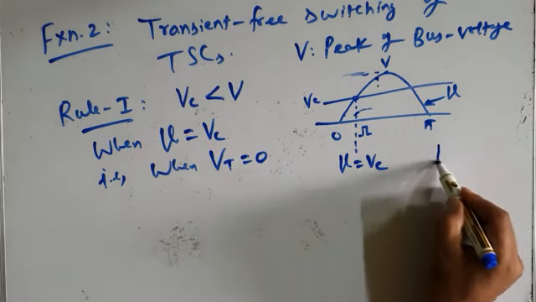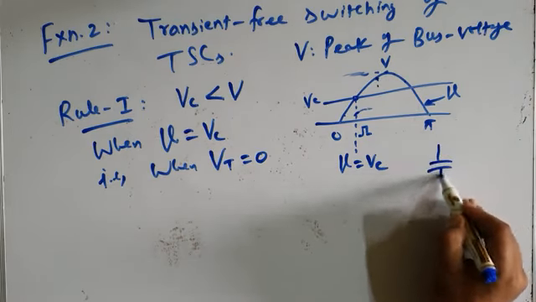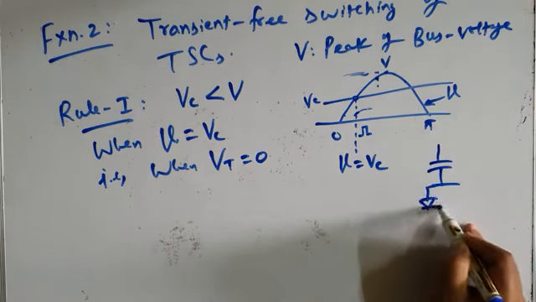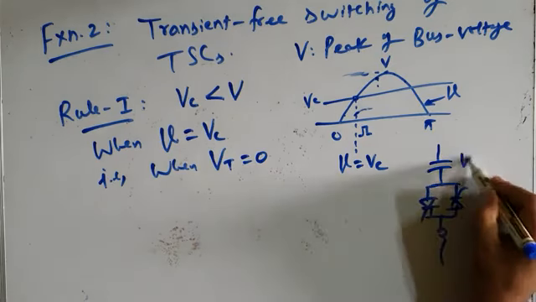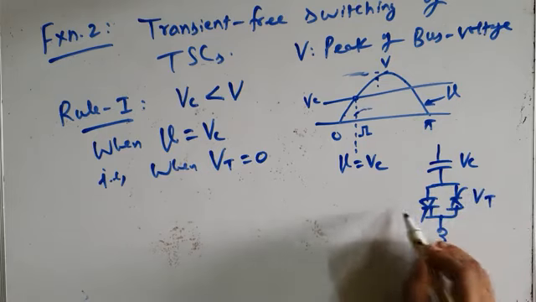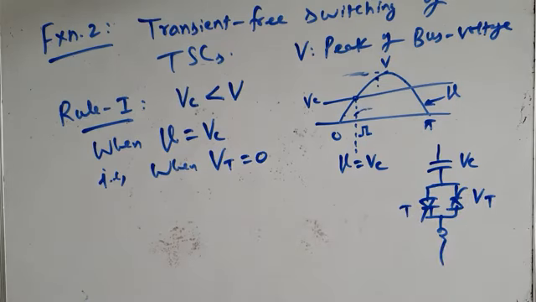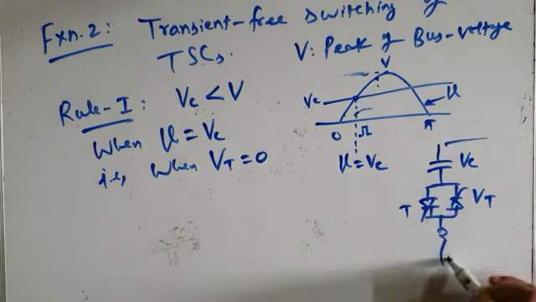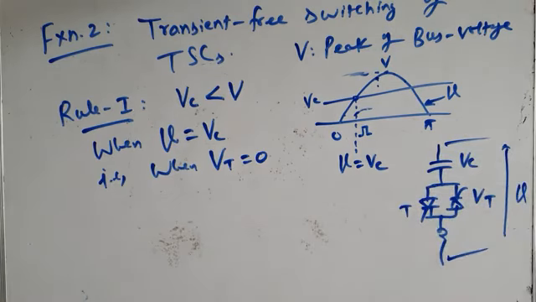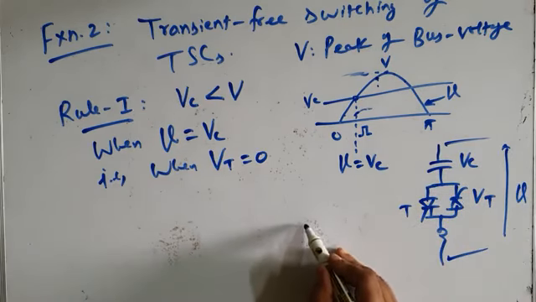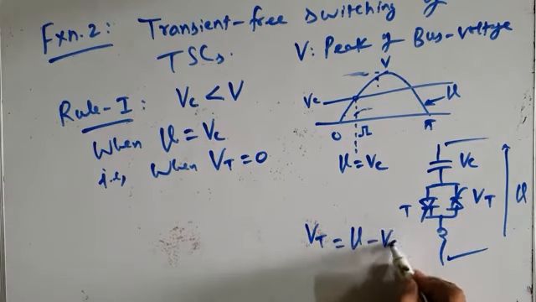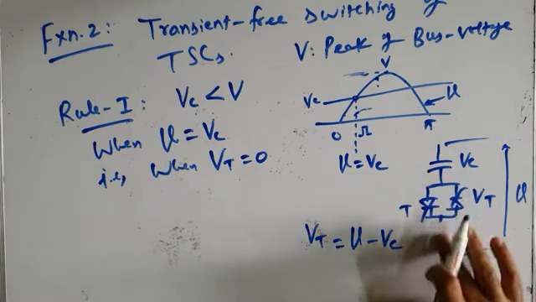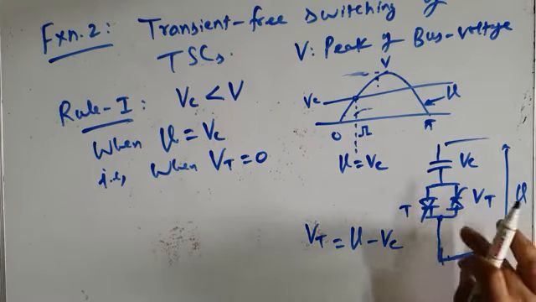Okay, this is, for example, your TSC branch, thyristor switched capacitor. This is the capacitor voltage, this is the switch voltage, this is your switch T, and this is the applied voltage V. What is the voltage across the switch? VT is the applied voltage minus VC, the voltage across the capacitor. Let us forget about this small inductor.